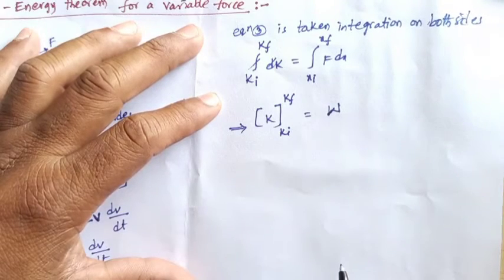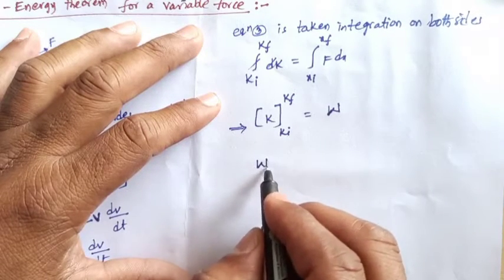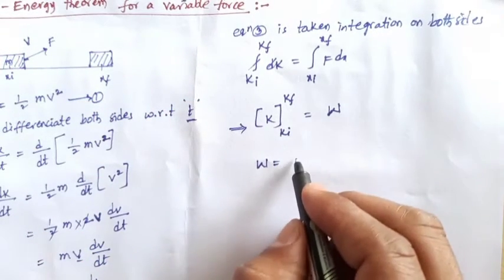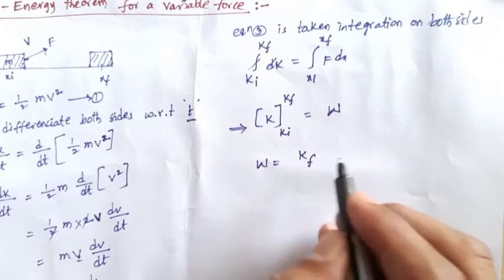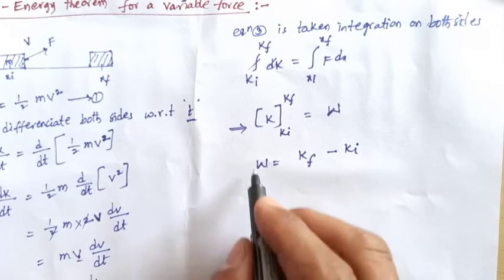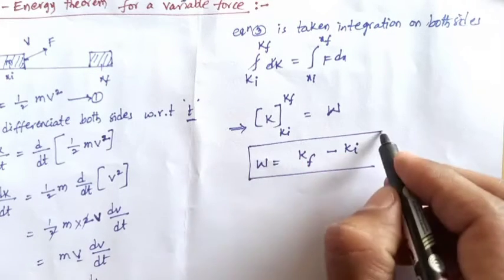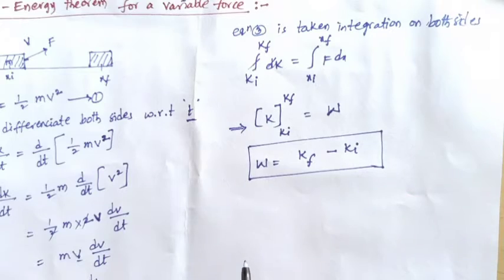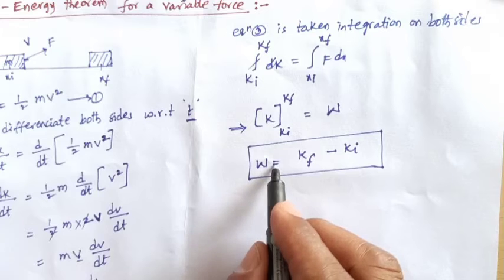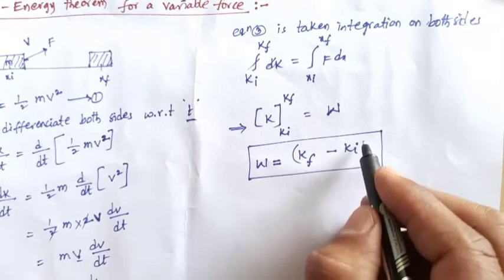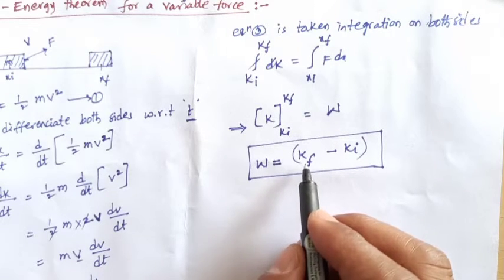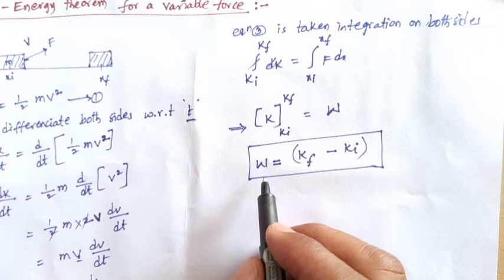So substitute upper limit minus lower limit: the total work done on the body for the variable force, W equals Kf minus Ki. The change in kinetic energy equals the work done on the body.